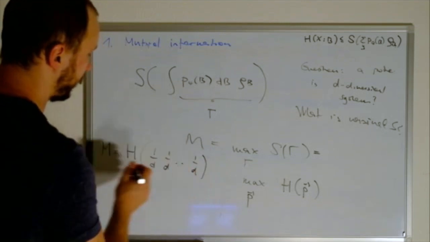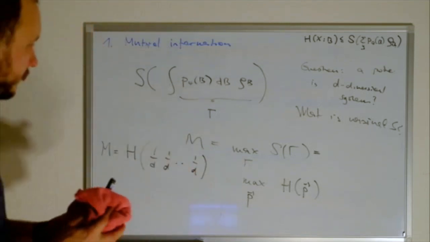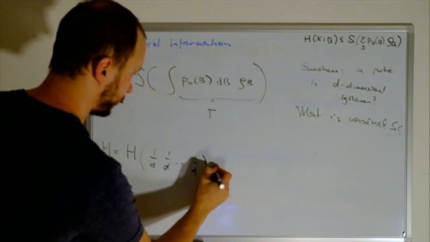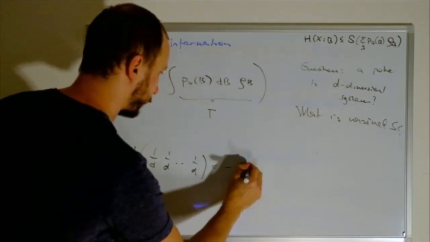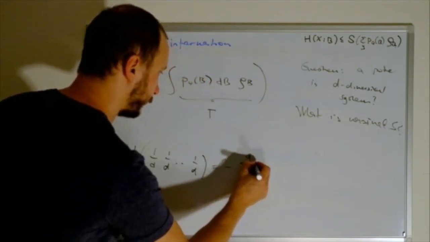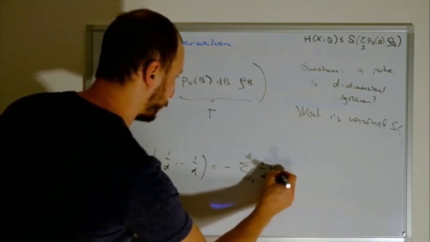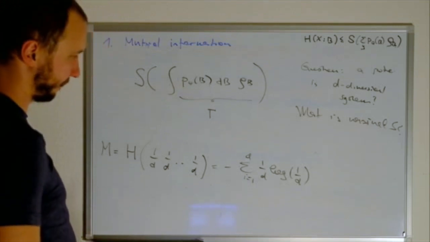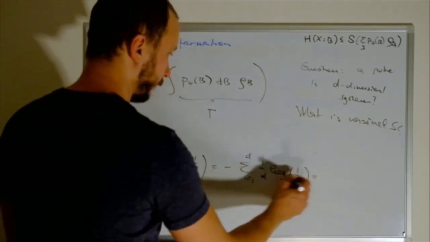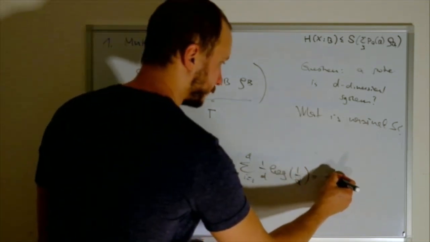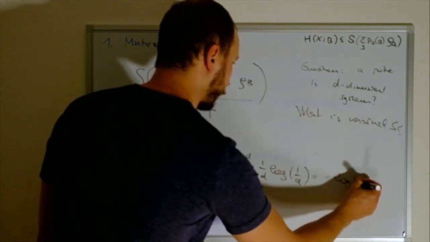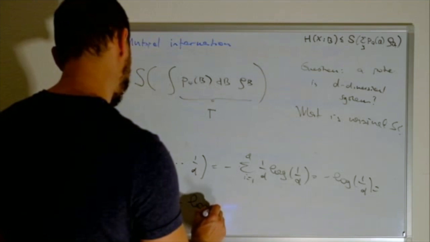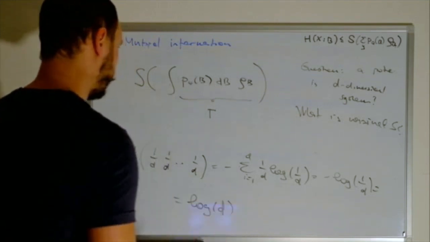When we compute this entropy, it's simple: minus the sum from i equals 1 to d of 1 over d log of 1 over d, which is d times this, so it's just minus log of 1 over d, or simply log of d.